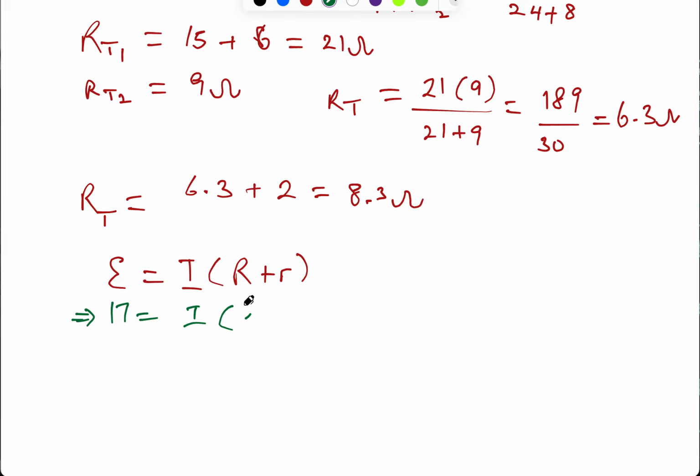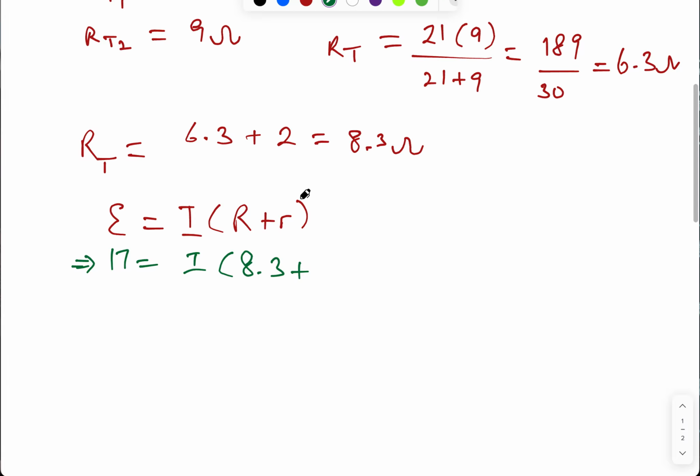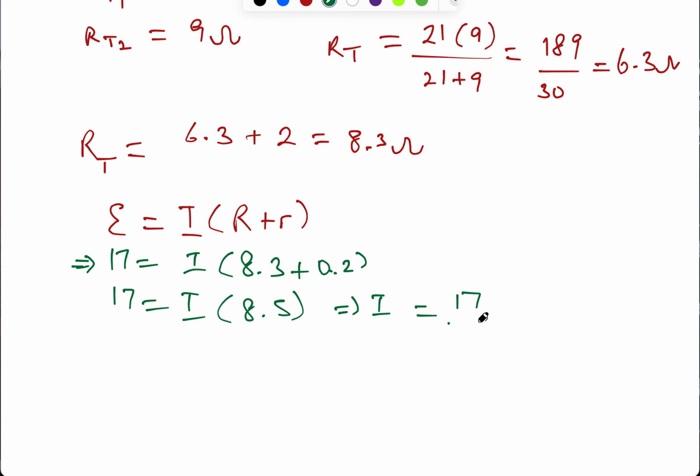The total external resistance I got here was 8.3, and the total internal resistance was 0.2. So what that implies is that I'm going to have 17 equals I multiplied by 8.5, and that implies that the current is going to be 17 divided by 8.5. 17 divided by 8.5 should be 2.